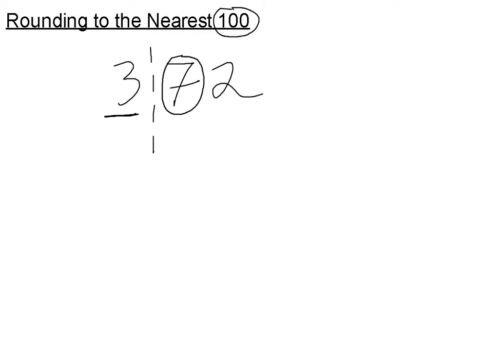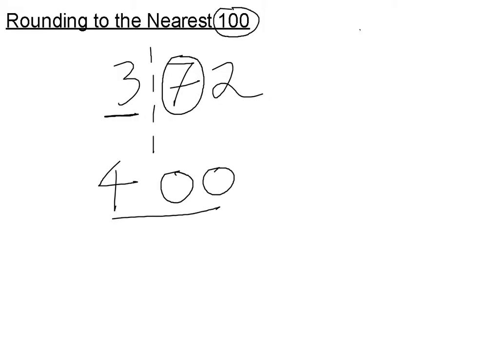It is the digit which is just to the right of the number that I'm rounding. We underline the number in the hundreds column, draw the dotted line. 7 is greater than 4, so it tells the 3 to round up, so it becomes 4. And everything after that dotted line becomes 0, leaving me with an answer of 400.